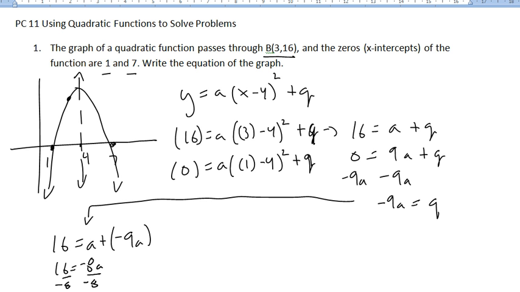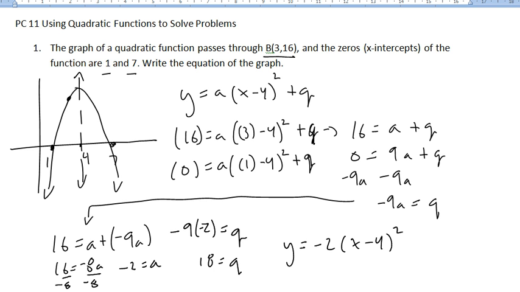Divide by negative 8, so a is going to equal negative 2. And then q equals negative 9 times a, so we'll throw in the negative 2 there. q equals 18. So that means we've got y equals negative 2(x minus 4) squared plus 18.